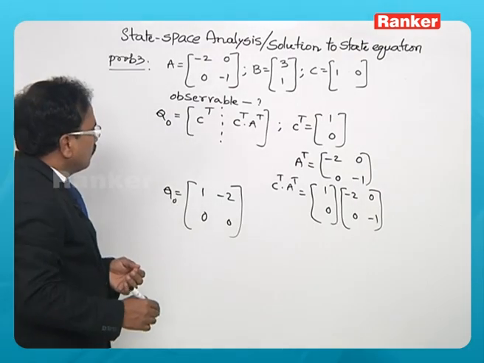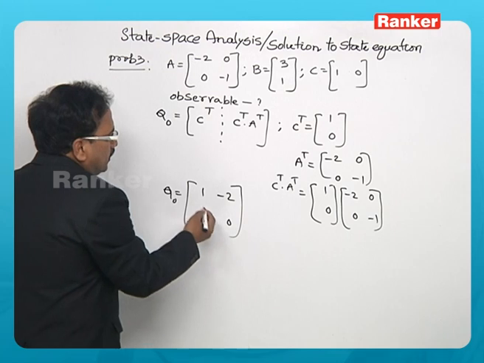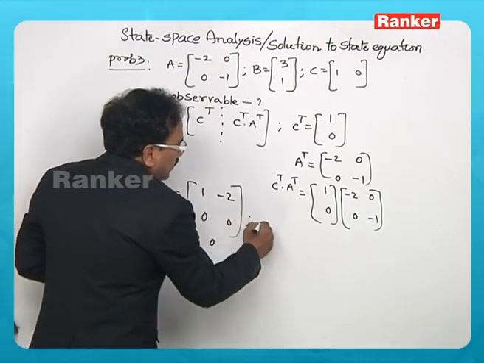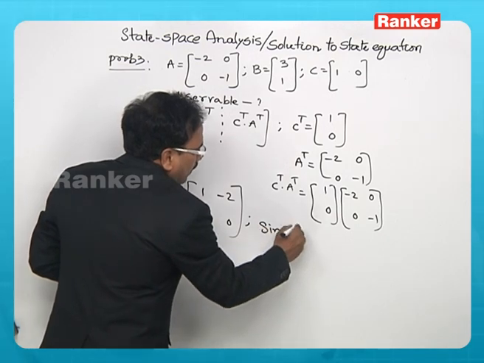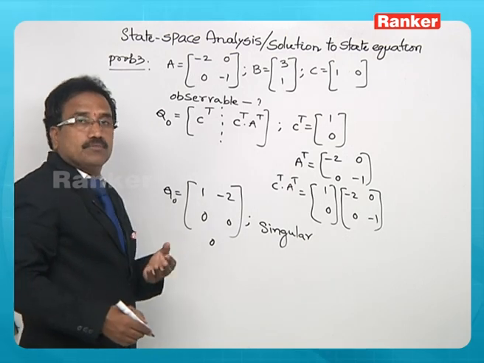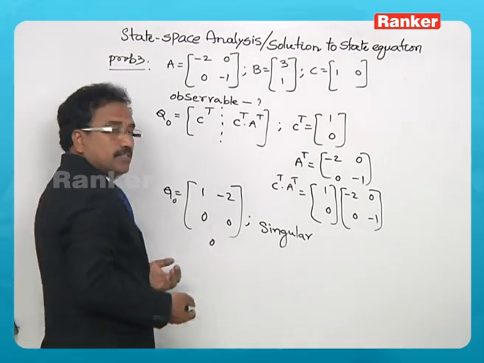This is the observability matrix. Now, if you see the determinant, you get 0. So, we say that it is again singular, because the rank of this matrix should be equal to 2, but it is not so, because you get the determinant 0.